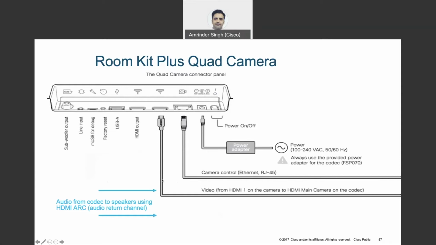You need a cable which plugs into this, an HDMI cable, and the other end connects to your codec. Then you need to power it on, and there is a power button. These are the main ports that you require. Along with that, you have a serial port and a line input. You can connect a subwoofer to this as well, and there's also a factory reset button. If you see problems with the camera, you can definitely go ahead and try factory resetting it.